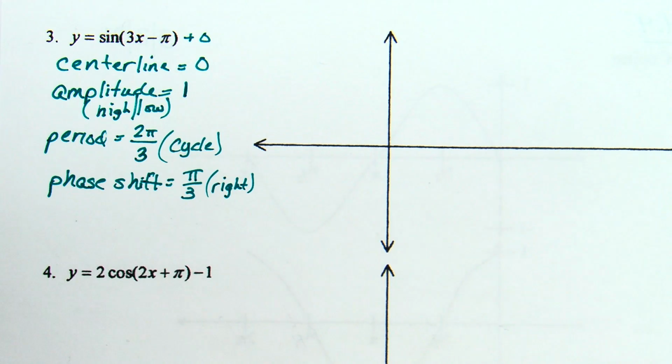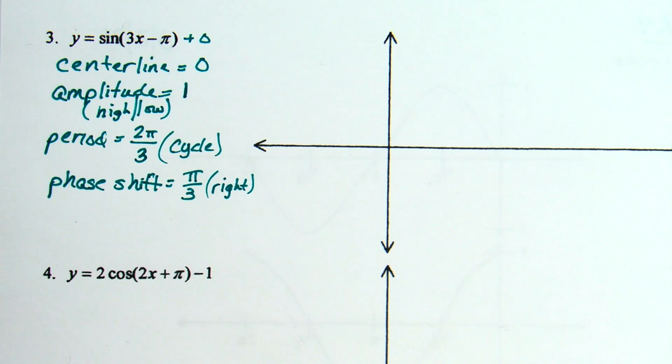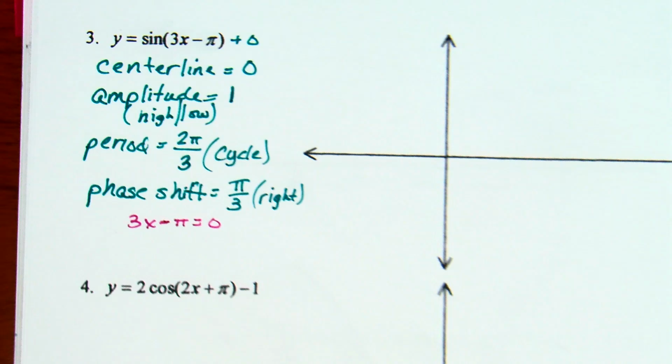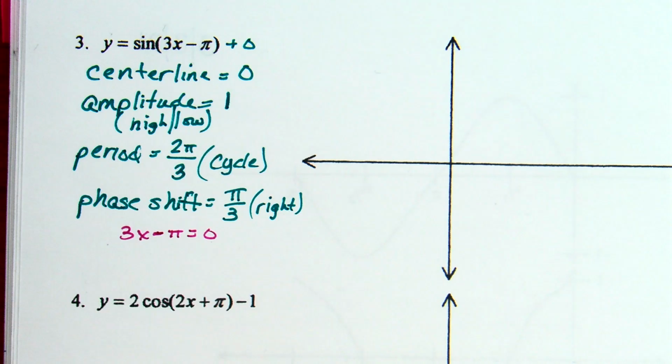Now, if that's a little confusing to you, here's another thought. If you're confused on how to remember the sign, take whatever's in the parentheses and set it equal to 0, and solve it. So what's in my parentheses here is 3x minus pi. So if I take 3x minus pi and set it equal to 0, you would first have to what?